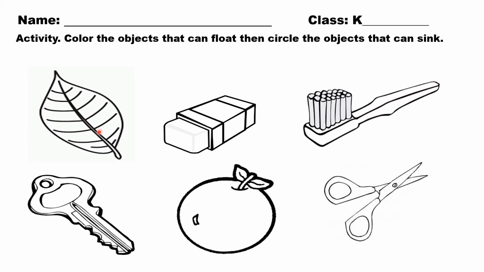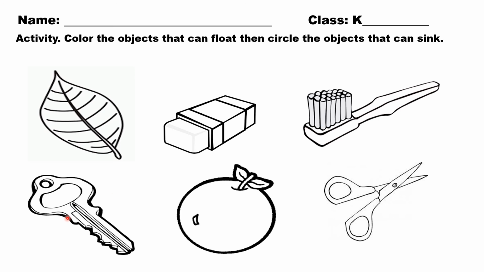First, we have here leaf. Will it sink or will it float? If the leaf will float, you will color. If it will sink, circle. Number 2, rubber. Number 3, toothbrush.